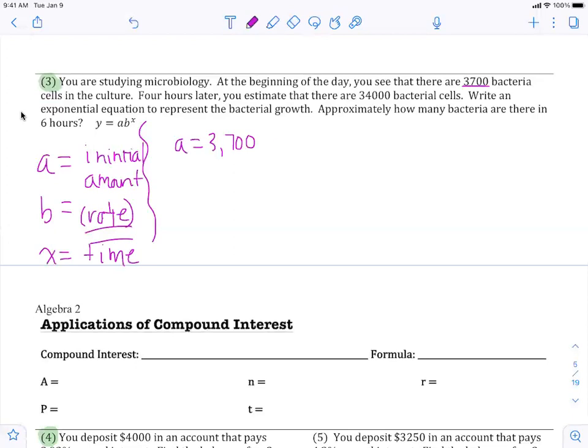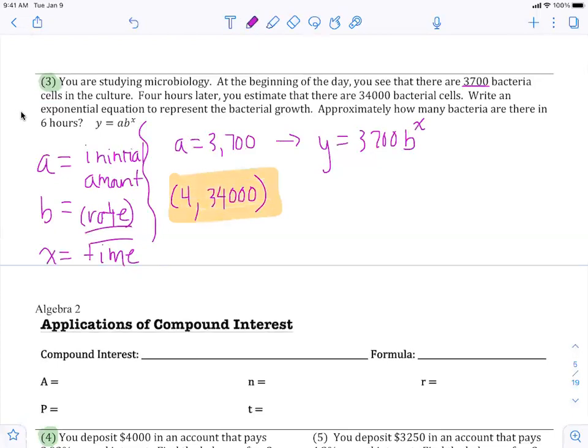So part of my equation, I know that it's going to be 3,700. I don't know my growth rate in this case because it doesn't tell me. But I do know that after 4 hours, there's about 34,000 bacterial cells.